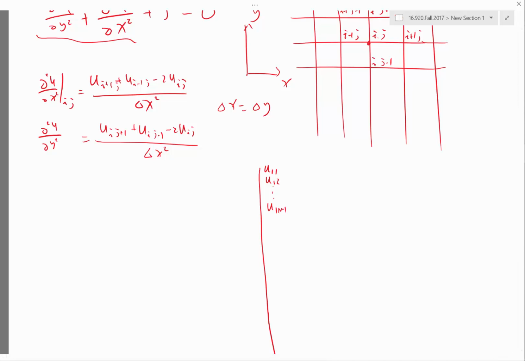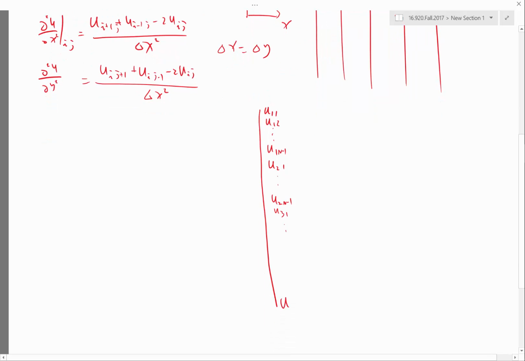If we use Dirichlet boundary conditions, which means we know the value at the boundaries, this is what we do: we remove the values at the boundaries from the unknowns. Then we have u2,1, etc., u2,n-1, and u3,1, etc., all the way to u(n-1,n-1). So this is my solution vector. It's a flattened array of a two-dimensional array.